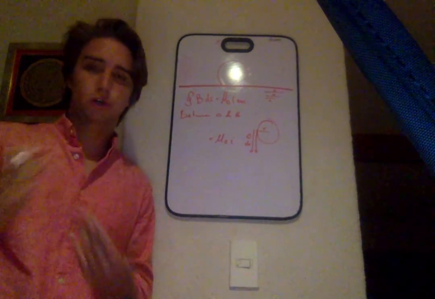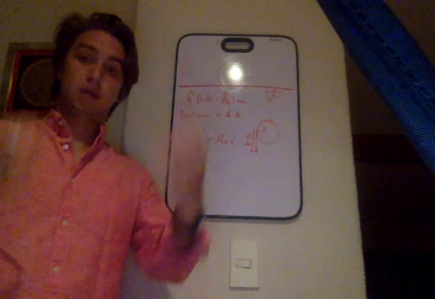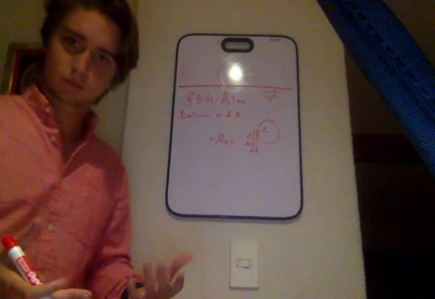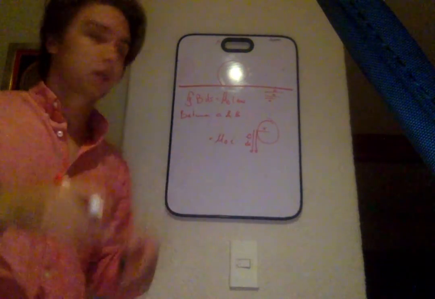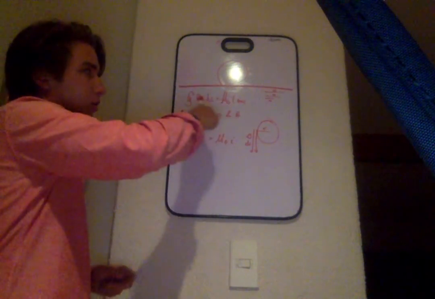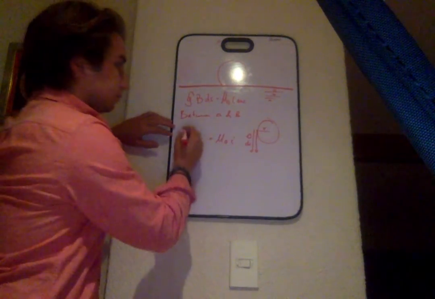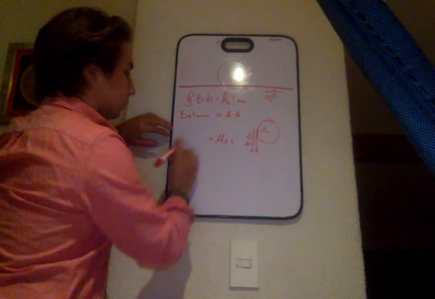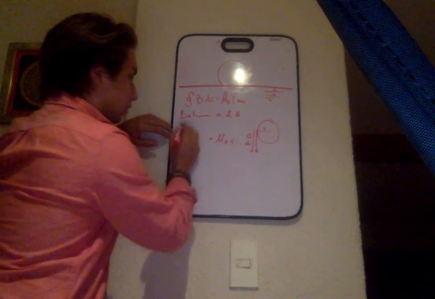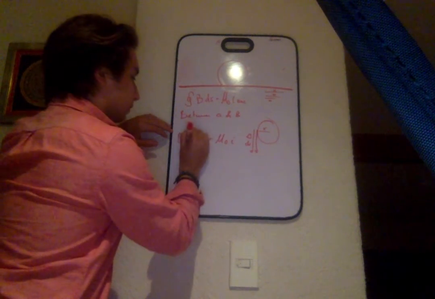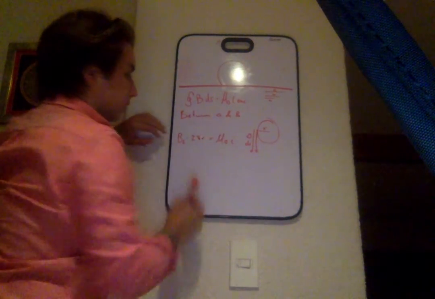Because the charge that you're enclosing with your loop is all of the charge, and the only thing that changes is the radius, but the equation doesn't change at all because you have B2 times 2 pi r.